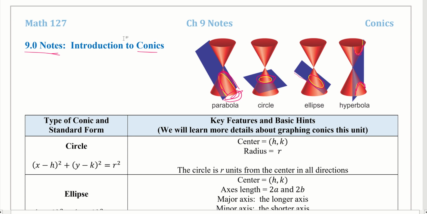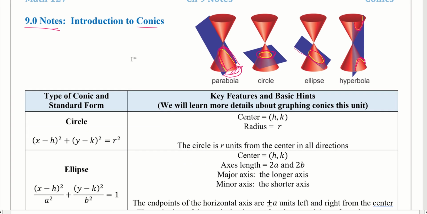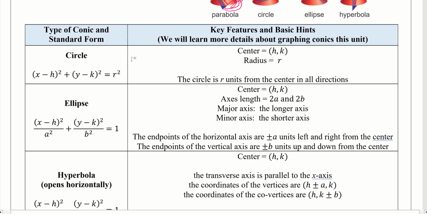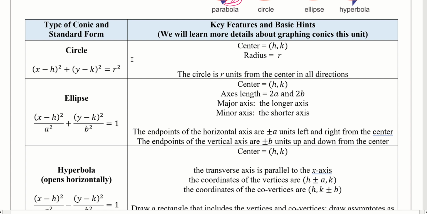Okay. I'll give you time; you may want to pause the video and read over some of the stuff. We've got a nice table here that breaks down all the different types of conics. For example, we've got circle, ellipse, hyperbola, and which direction it opens, up or down, or sorry, horizontally.